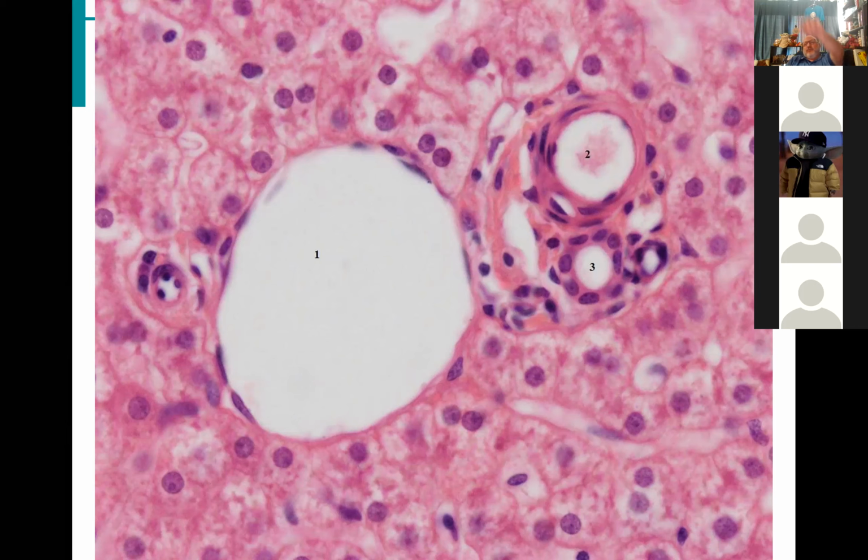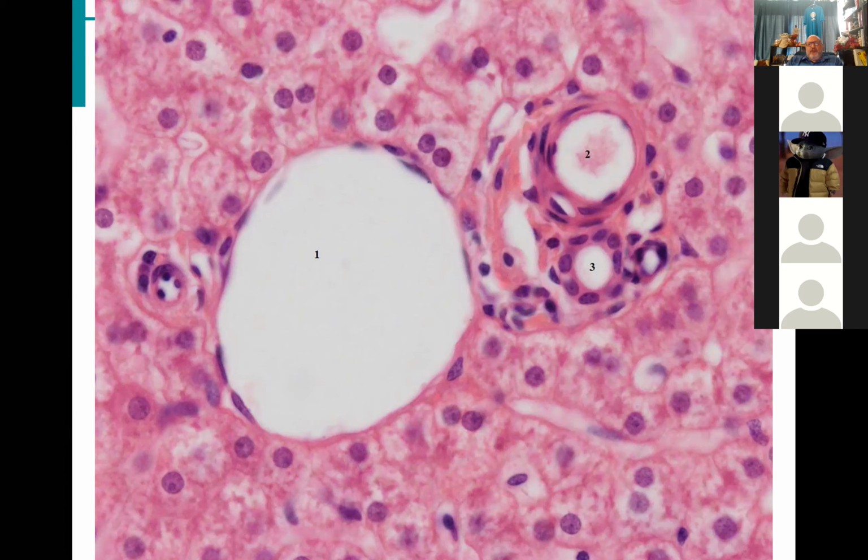Absolutely. Now, the one last thing I want to say about our portal triad is how were we able to distinguish the 3 of them? Their size and the muscular layer around them. Excellent. So the vein is typically going to be largest, the lumen. The artery is going to have a thicker muscular wall.